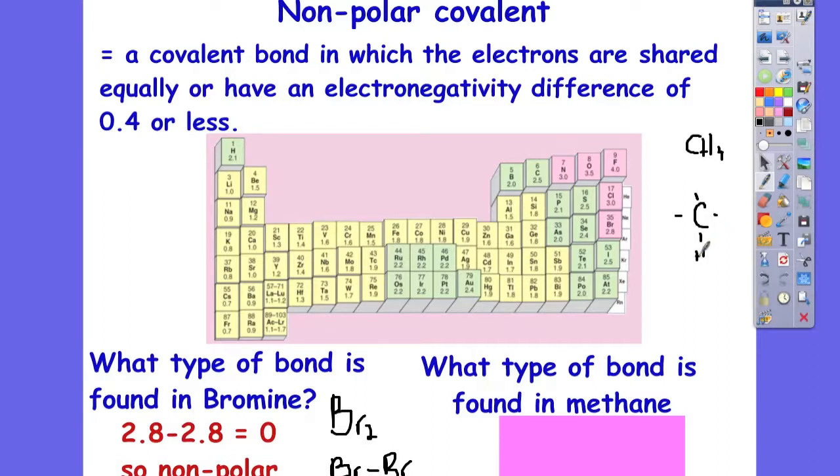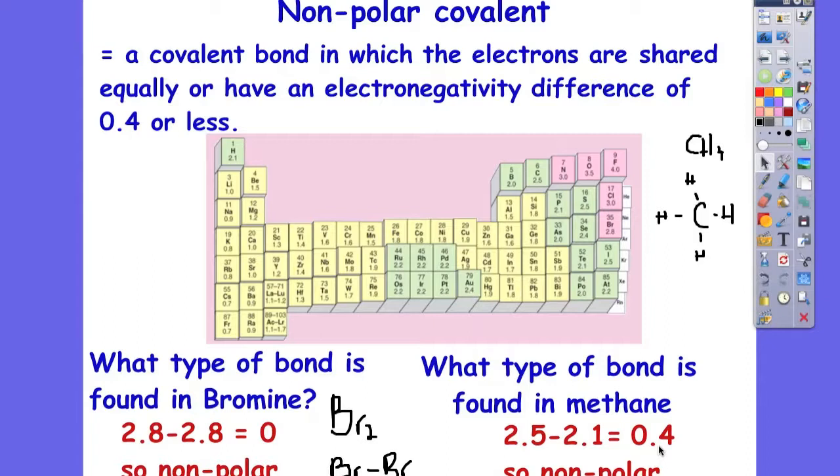So at the end, I'm going to have 4 carbon-hydrogen covalent bonds. Because they're all the same, I look for the electronegativity of carbon, which is 2.5, and the electronegativity of hydrogen, 2.1. So I'm going to subtract them, and the difference is 0.4, so it is nonpolar.